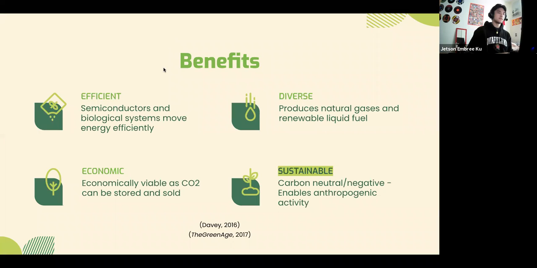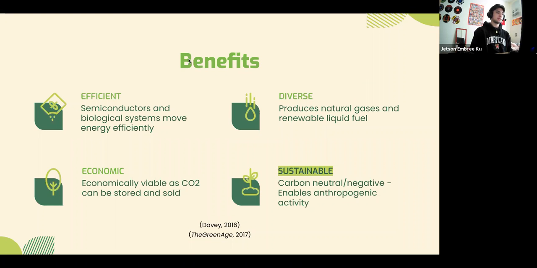In terms of some bits of the process, overall, it's a very efficient process because the semiconductors that are used in the biological systems move energy efficiently, mostly because they're designed to sustain themselves. So not a lot of energy is wasted. And the process is also diverse because it will produce natural gases as well as the renewable liquid fuel.